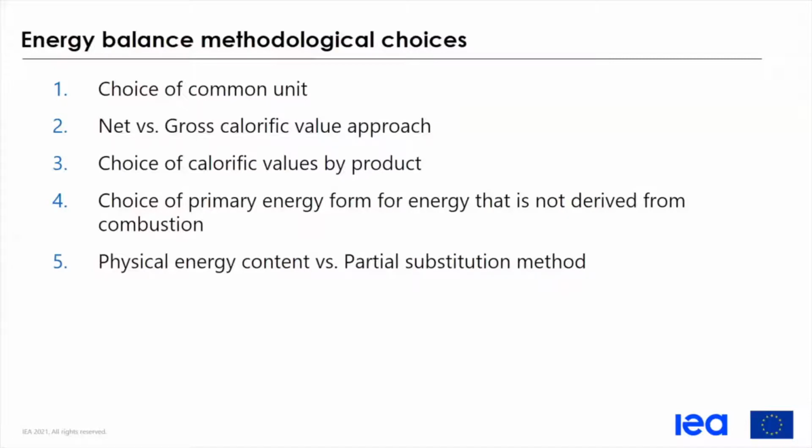There are essentially two methods that can be used to calculate the primary energy equivalent of these sources: the physical energy content method or the partial substitution method. Also, temperature adjustments made by countries should be taken into account. And finally, we have to know if the balance is based on a fiscal or a calendar year basis.